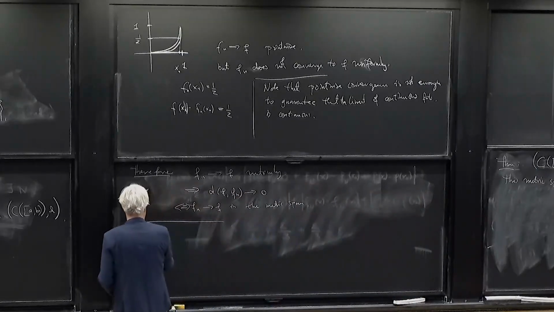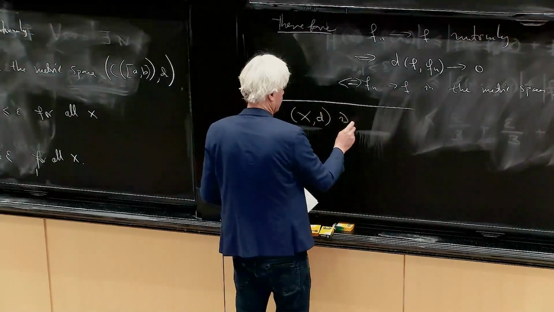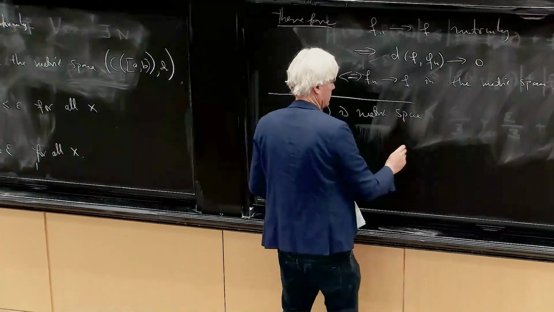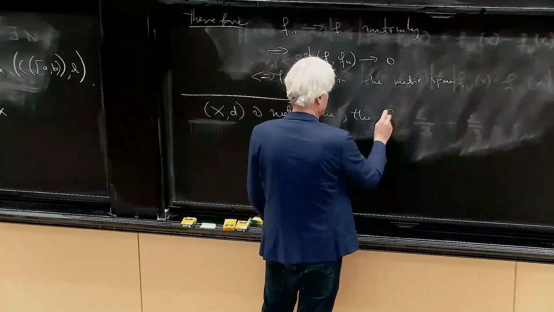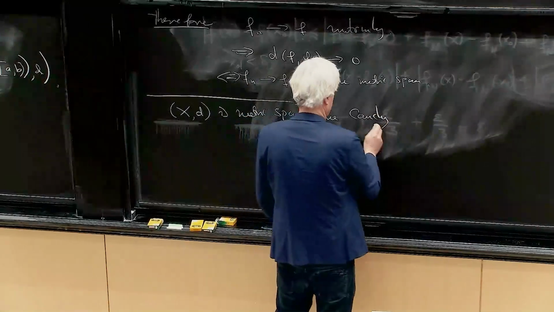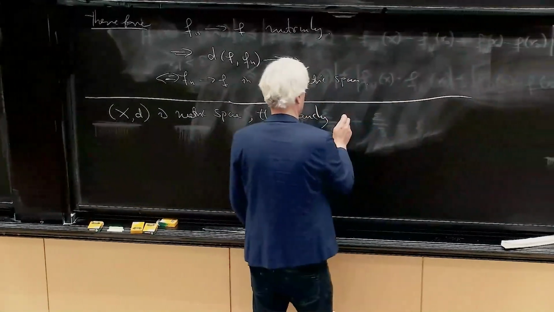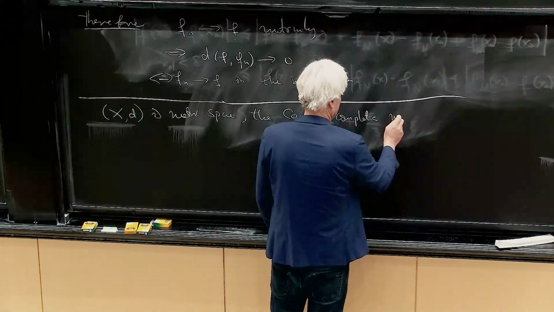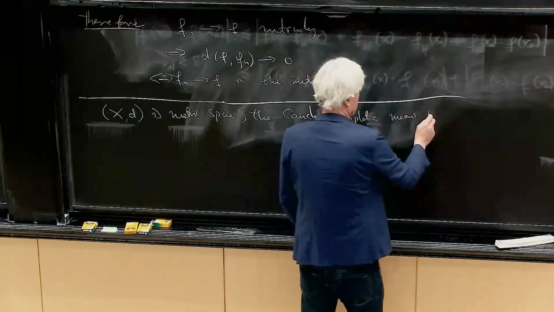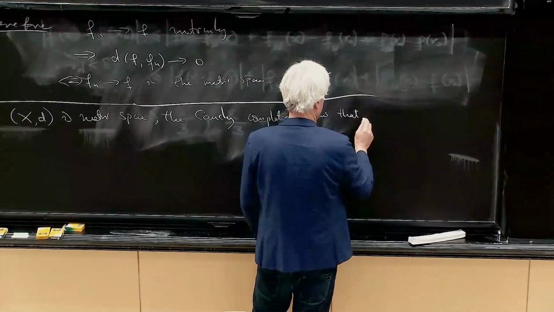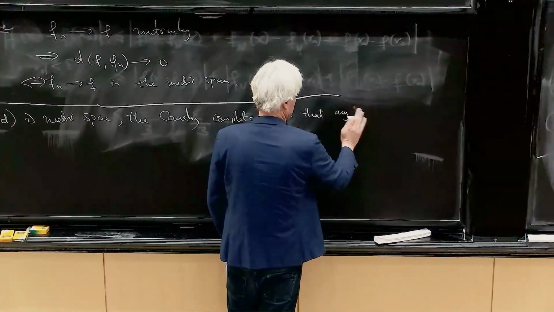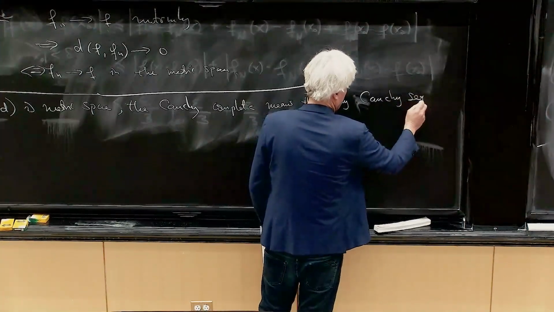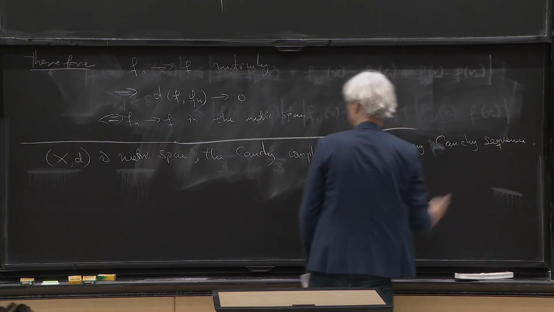If (X, d) is a metric space, then Cauchy complete means that any Cauchy sequence is convergent.